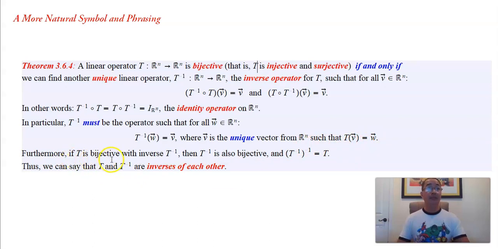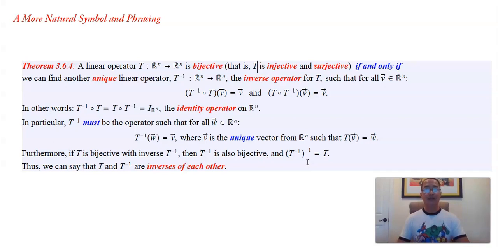Moreover, if T is bijective with inverse T inverse, then T inverse also has to be bijective, and T inverse inverse is T. So this definitely looks more natural. Okay, we've seen that as far back as chapter 0 when we talked about real numbers.